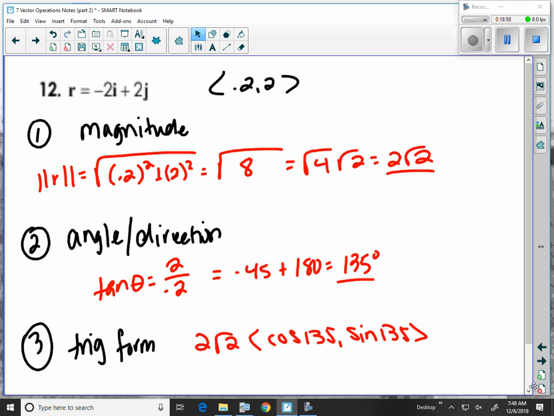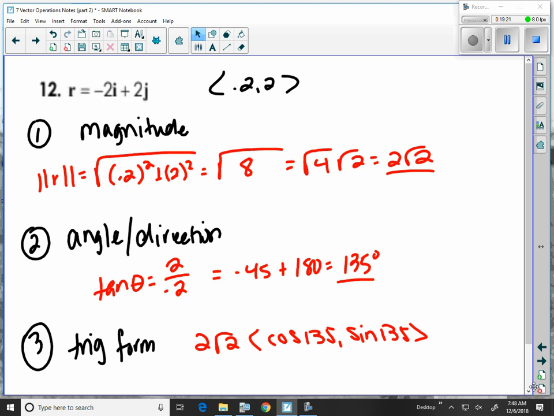Your magnitude was 2 radical 2, your angle was 135. Now, I want to talk about the directions. If you look at the directions for this specific one, it says put it in trig form. That means you're going to see a cosine and a sine. Just think, trig is cosine, sine, and tangent.